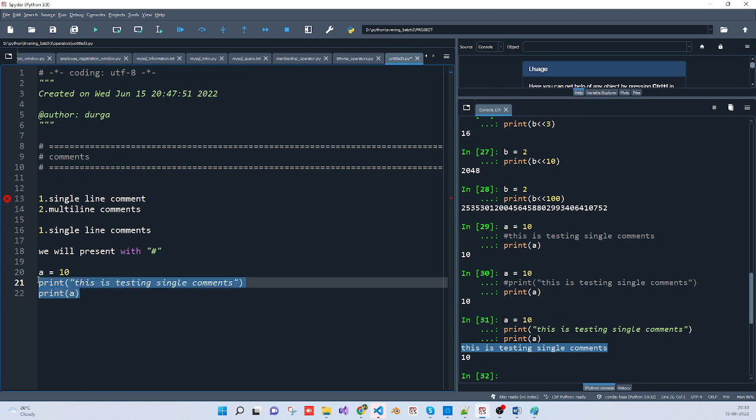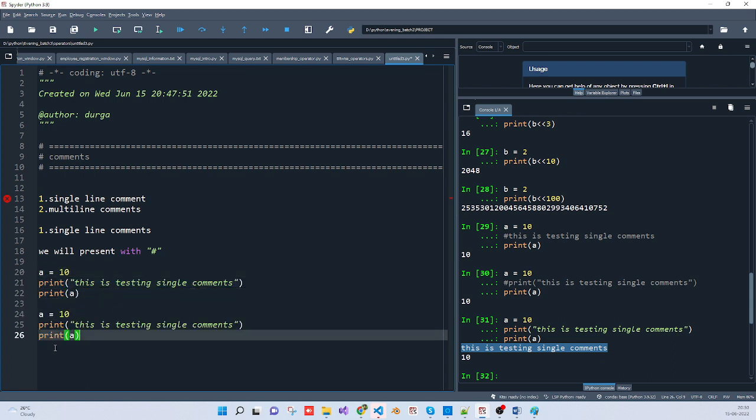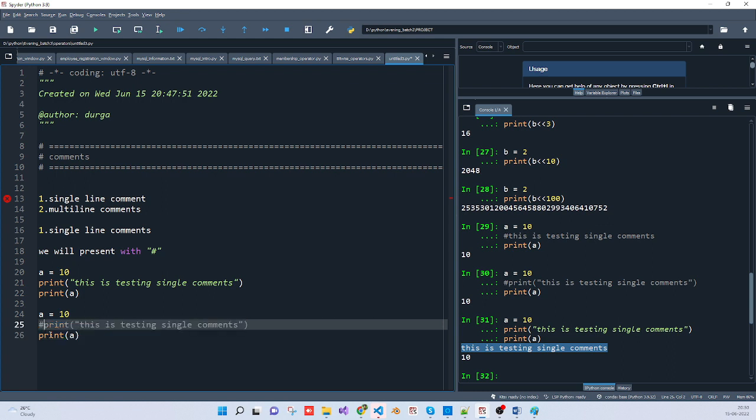So when you give the hash symbol, not asterisk, this one symbol, it will not read that particular line. However many lines you want to comment, that many lines you can comment with single line comments.